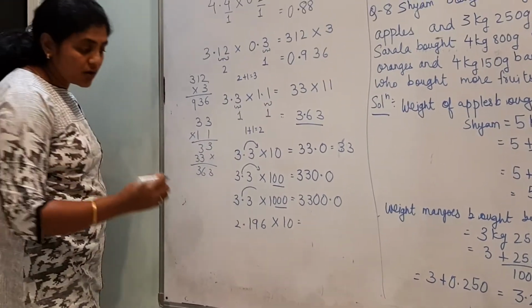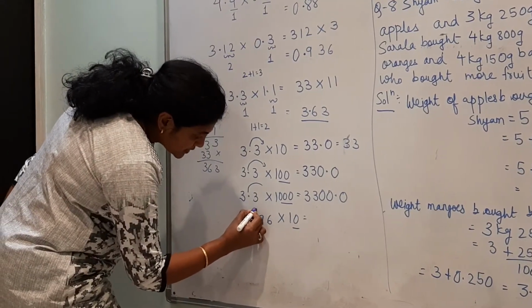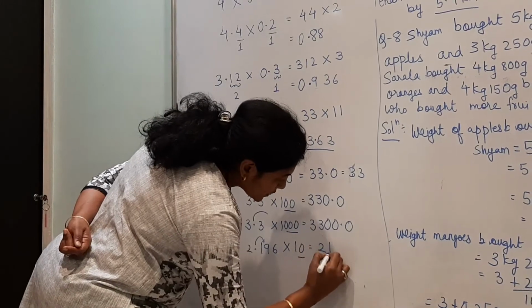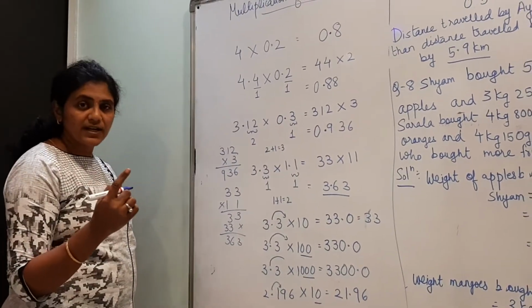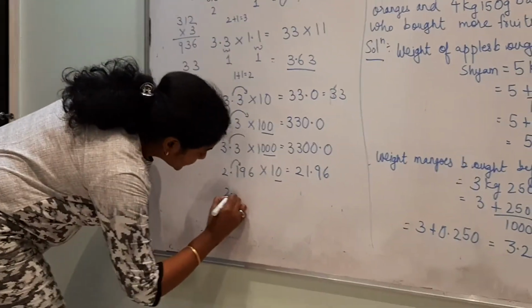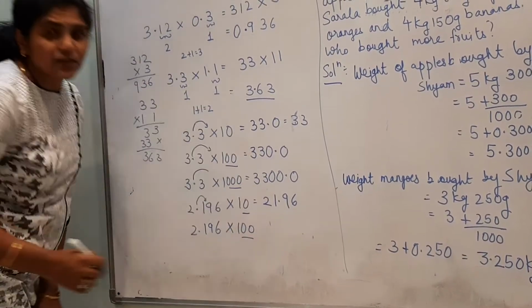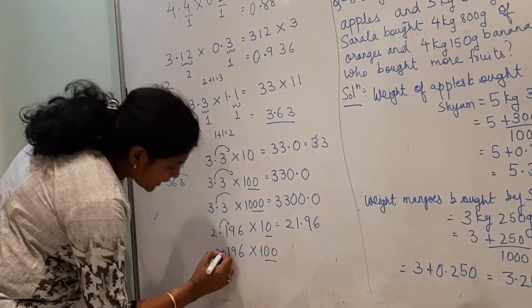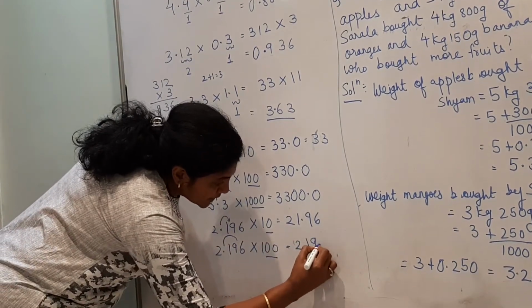How many zeros? 1. So after 1 digit, point will be shifted. So this will be 21.96. Understood? Now I am multiplying with 100. How many zeros? 2. So after how many digits point will be there? After 2 digits. So this is 219.6.